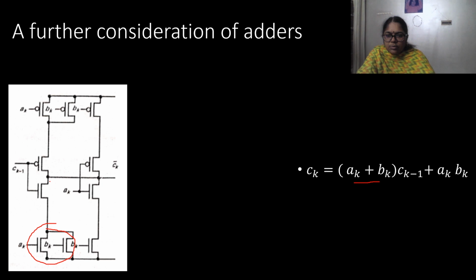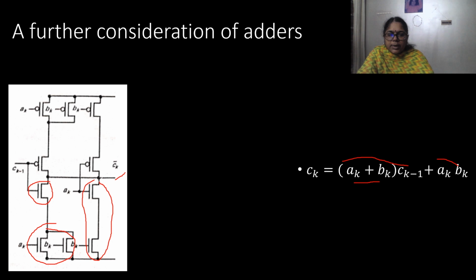Into C, we have taken one NMOS transistor in series to which Ck-1 is given as the input. Now, the whole of this branch is + AB, so two transistors are going to be connected in series here to which A and B are given as the inputs, and this branch is parallel to the first branch. Thus, we are going to get new carry whole bar, that is Ck bar, at the output.